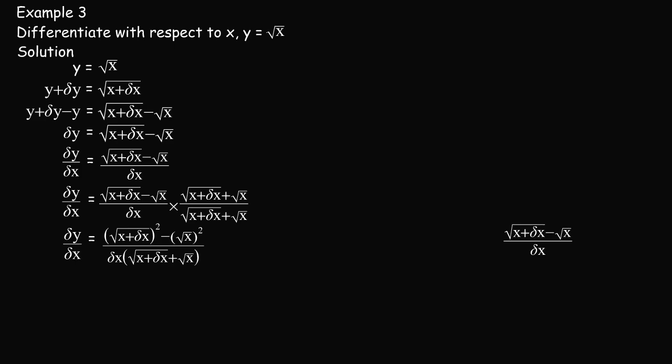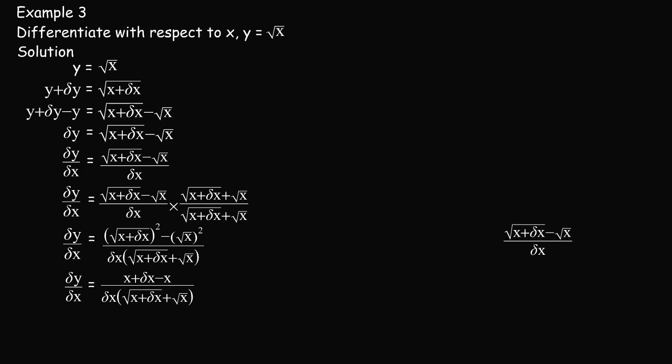Simplifying our right hand side further, (the square root of s plus delta s) squared minus (the square root of s) squared will become s plus delta s minus s, because the square root and the square are going to cancel out. So our equation becomes delta y divided by delta s will be equal to s plus delta s minus s, divided by delta s, multiplying (the square root of s plus delta s plus the square root of s).